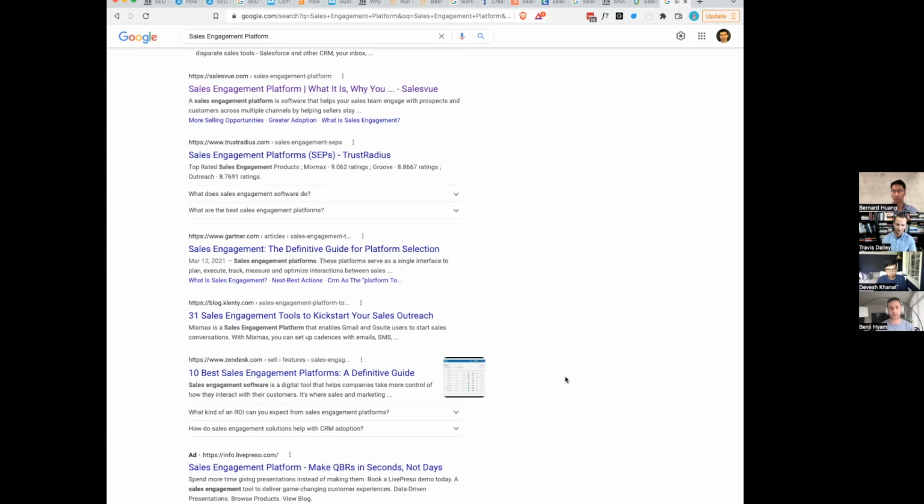it's not to say that it can't rank, because clearly here are examples, including the Salesforce page. That said, I think you have a better opportunity of ranking in that number 1 spot if you were to choose the listicle format for this keyword, because that seems to be what the intent is. If someone's searching for a sales engagement platform, they want a list of all the different ones, and they want to be able to choose which one is best for them.